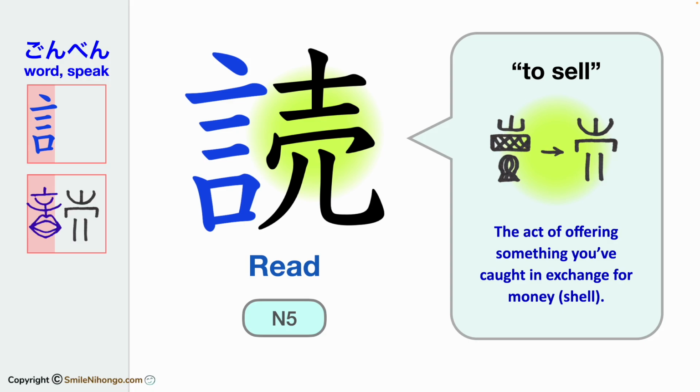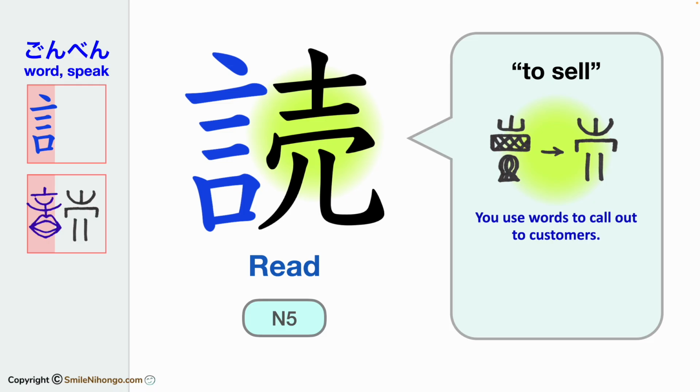So what does selling have to do with reading? Here's a helpful way to remember this kanji. When selling something, you use words to call out to customers. From this idea of speaking out, the character took on the meaning of reading aloud and eventually came to mean to read.